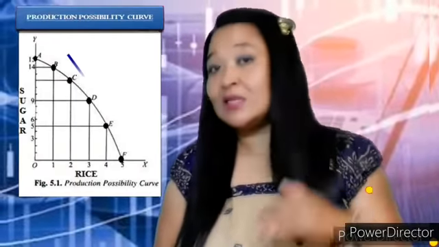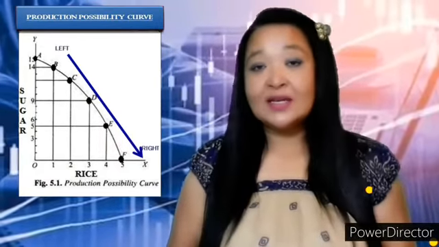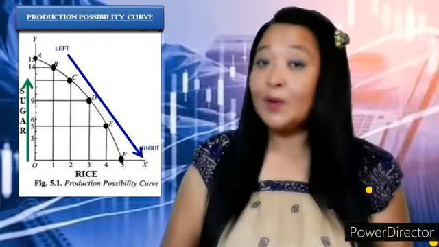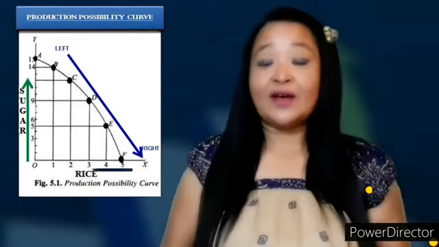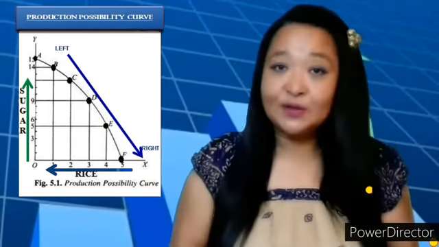Now one important question arises: why does the PPC always slope downward? The production possibility curve always slopes downwards from left to right, because in order to increase the production of one commodity, we have to sacrifice the production of another commodity.